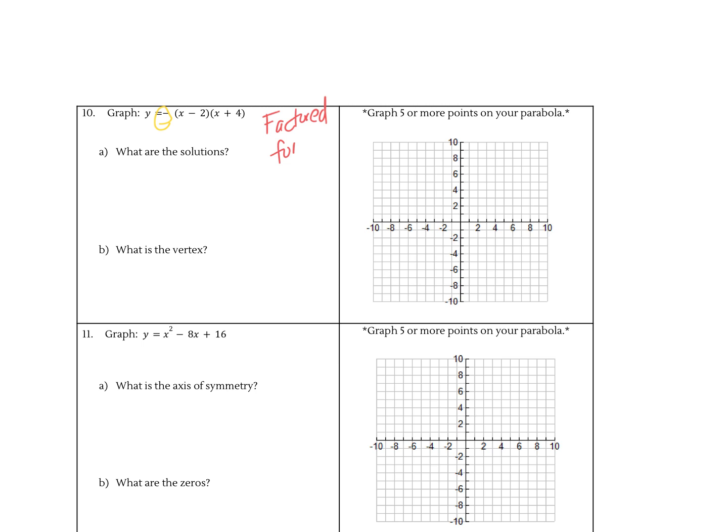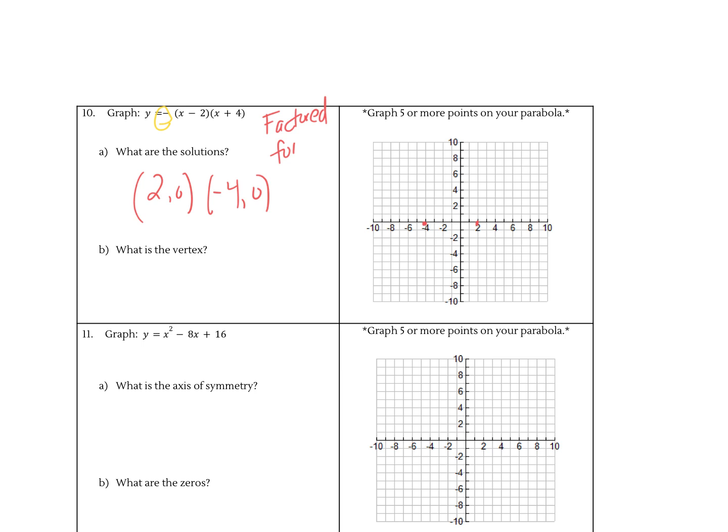If this is x minus 2, then I'm going to have an intercept at 2, 0. And if this is x plus 4, I'm going to have an intercept at -4, 0. So I can get those plotted. Here is 2, 0 and -4, 0.